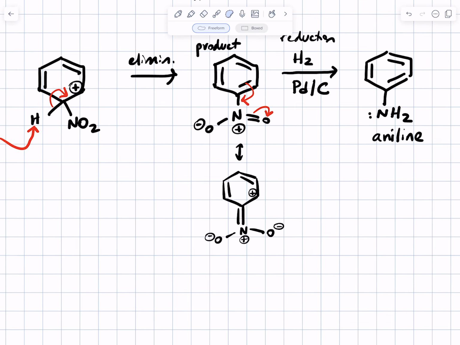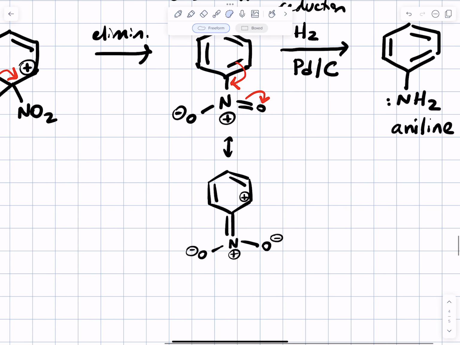And in fact, you could draw other resonance structures. I'm going to highlight the positive charge. And I want you, at some point today or tomorrow, to draw the other resonance structures that are possible for this ring where the positive charge is going to end up on those other 3 carbons. Do you see how we get those?